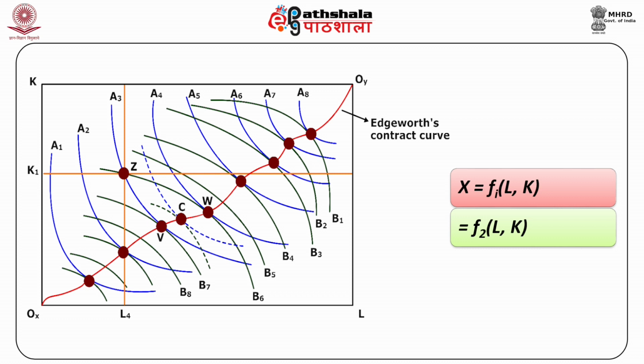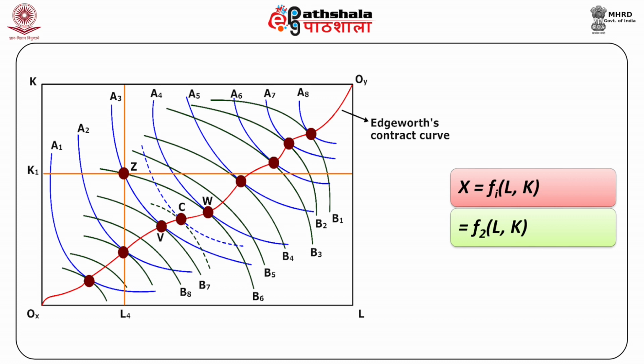Now, excluding the point Z because it is not an optimal point, we pick up all those points at which the two isoquants A and B, as a family of isoquants, are successively in tangency with their paired isoquant. Therefore, as we have said, there are pairs.